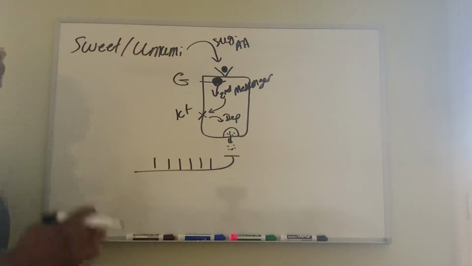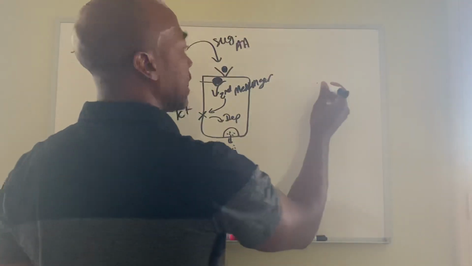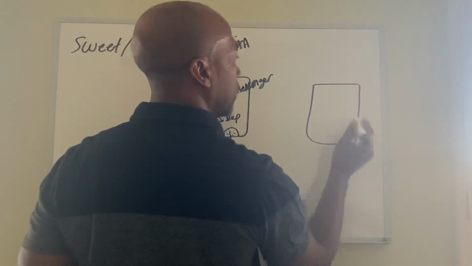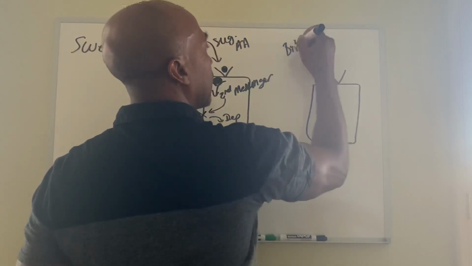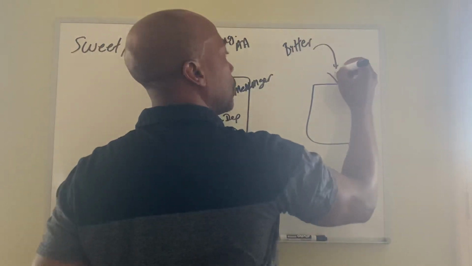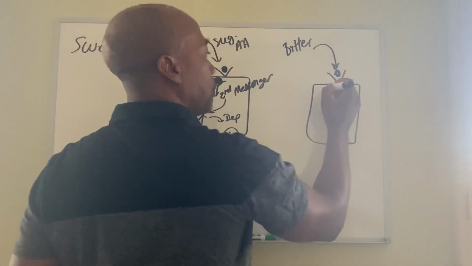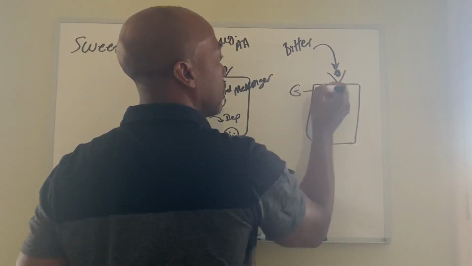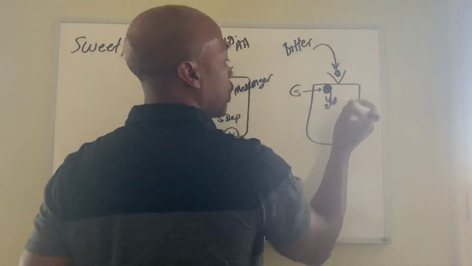Okay? Next one, we'll do bitter, which is very similar, again acting indirectly. Here's the cell, with a receptor here. Your bitter chemicals, like caffeine, for example, will bind to the receptor there. Again, a G protein will get activated, and that in turn will generate a second messenger.